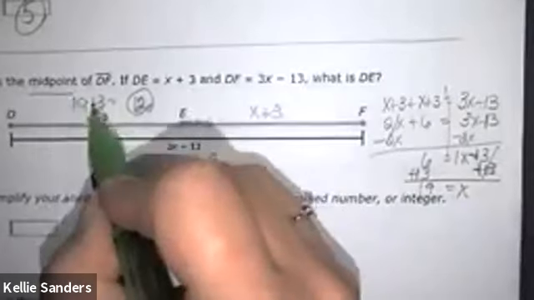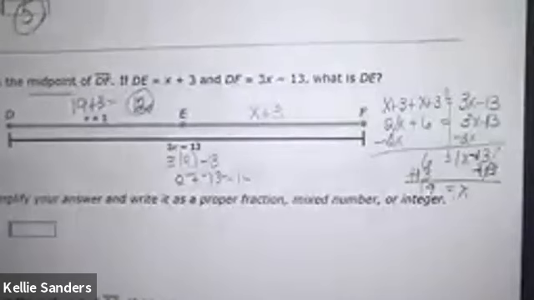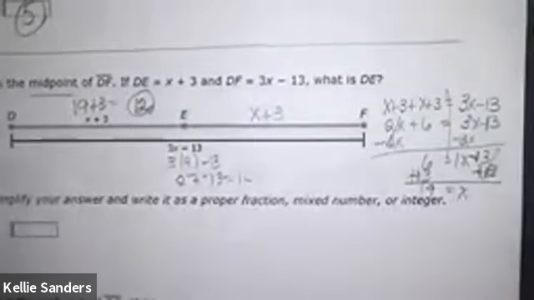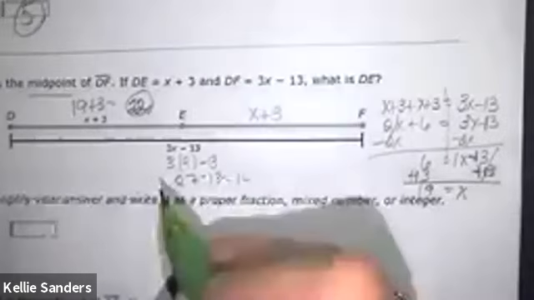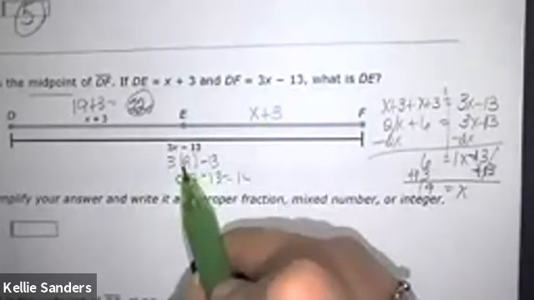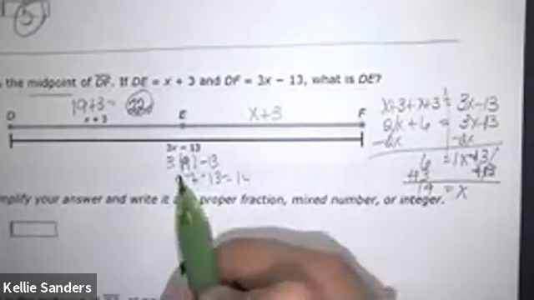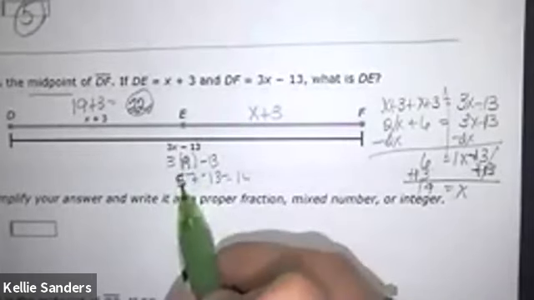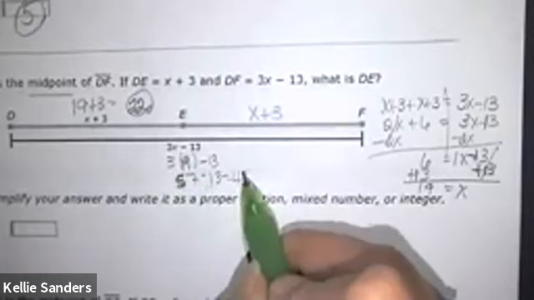So 19 plus 3 is 22. So now I'm saying 22 is my answer. Let's check it. If I put 19 into x, that would give me 57. And 57 minus 13 is 44.